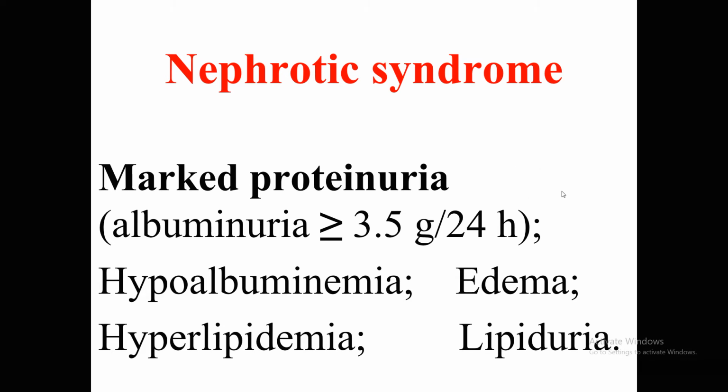This disorder is characterized by a marked proteinuria, as already mentioned, albuminuria exceeding 3.5 grams per 24 hours. It is accompanied, of course, by hypoalbuminemia and edema due to the decrease of the plasma oncotic pressure, and also hyperlipidemia and lipiduria.